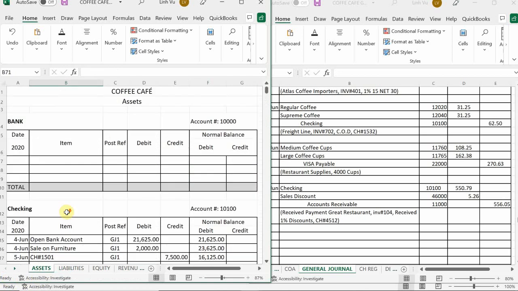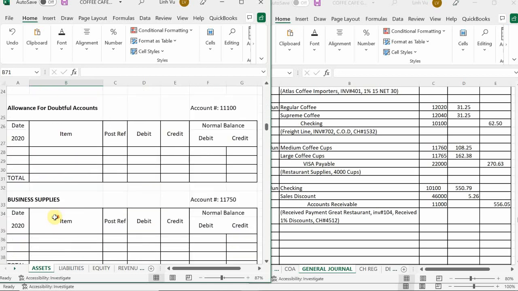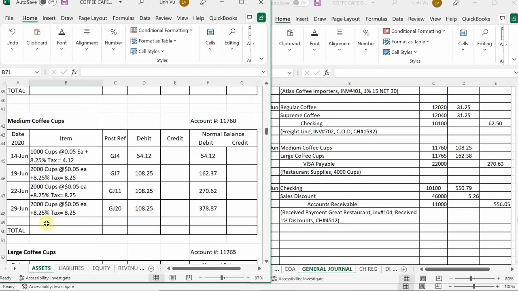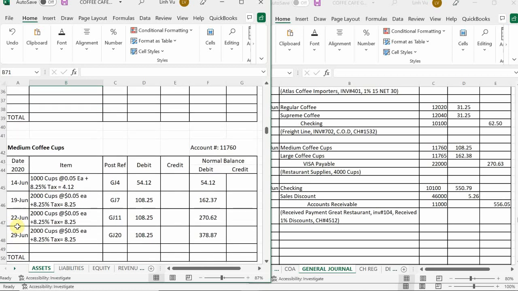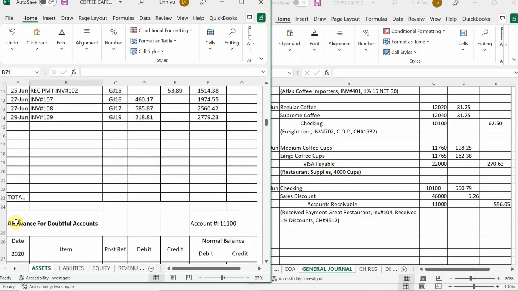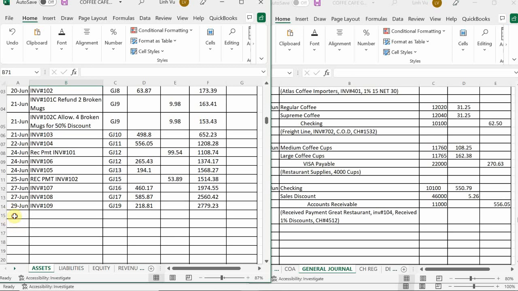And last but not least, we need to reduce the accounts receivable because Great Restaurant doesn't owe us money anymore. Here we are. Keep going up. There you go. Accounts receivable.